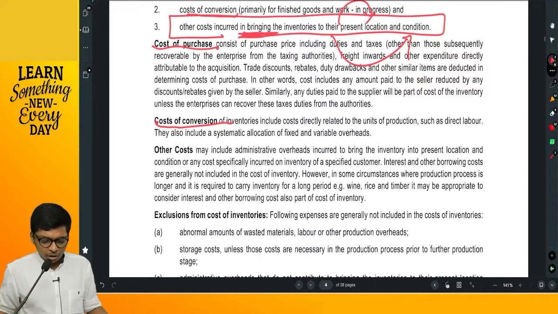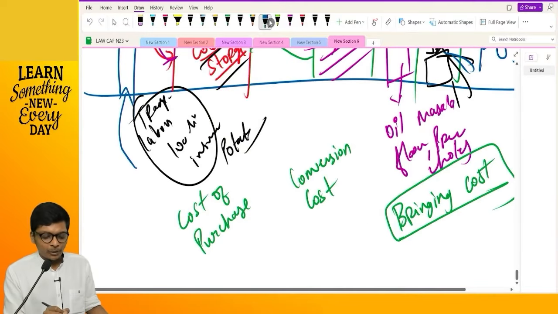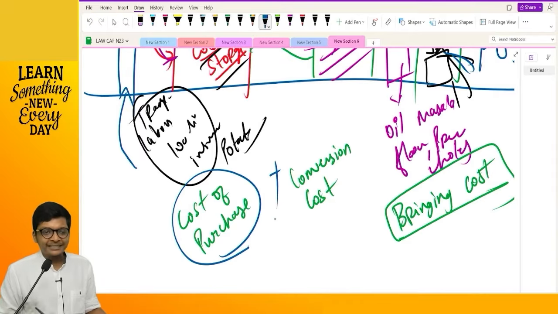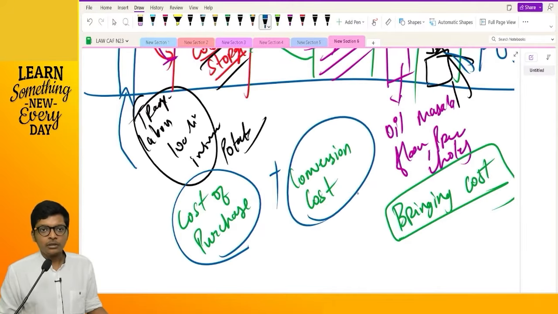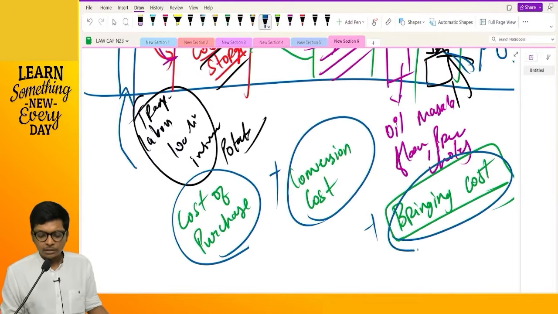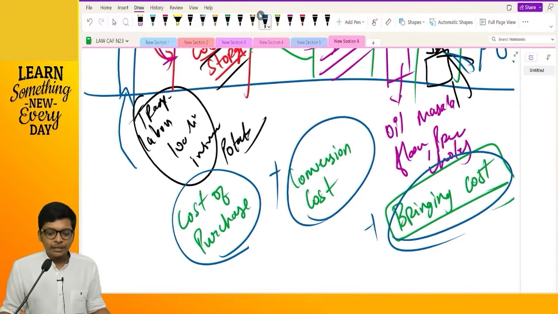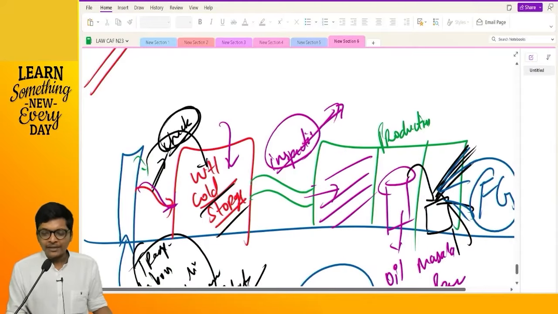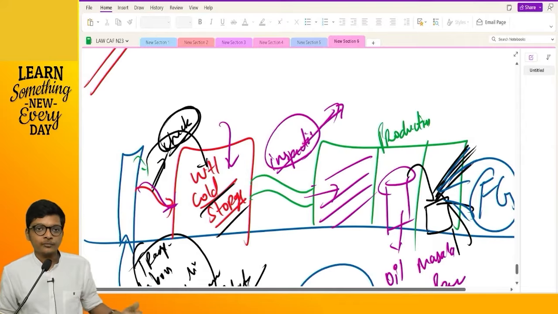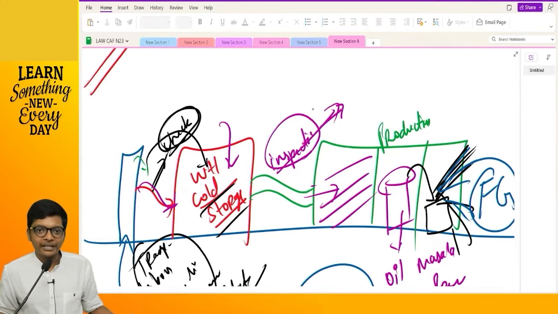These three only is cost. Let me give an example to understand. Cost of purchase plus cost of conversion plus bringing cost is the value of inventory, not MRP, cost. MRP minus profit. Are you following, guys?